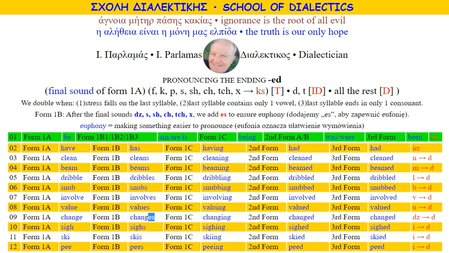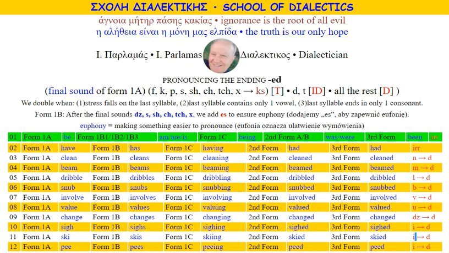Okay, sigh, final sound E, sigh, sighs, sighing, sighed, sighed. Final sound E, and the ending ED is pronounced like a D. It's this category here. Ski, final sound E, ski, skis, skiing, skied, skied.